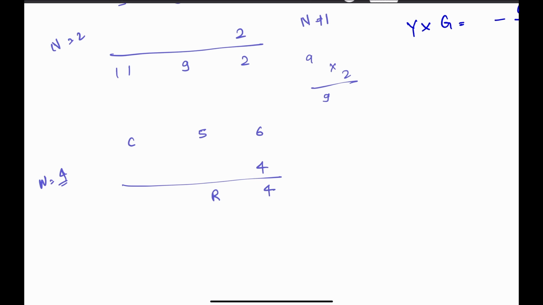So 6 times 4 is 24, carry 2, 5 times 4 is 20, 22. So carry will be 2. So what should I multiply with c and add 2 so that I will get an equal number? Is it possible? Let's think. 4 times 2 is 8 plus 2, 10. No answer.